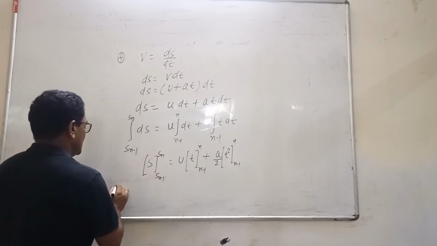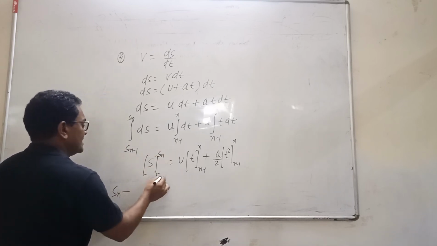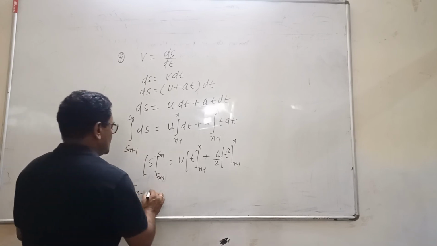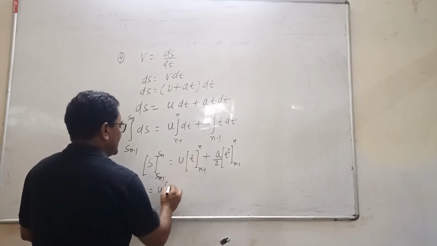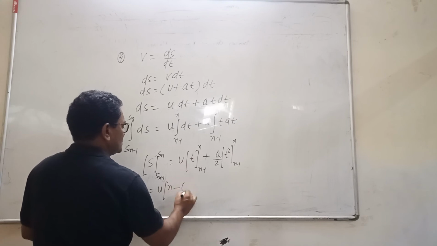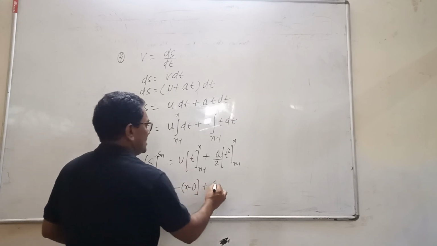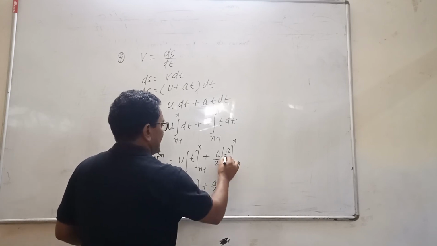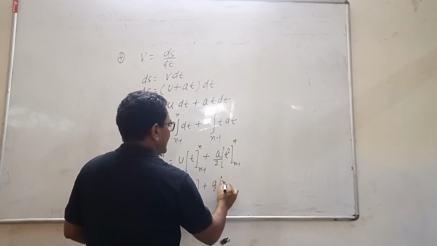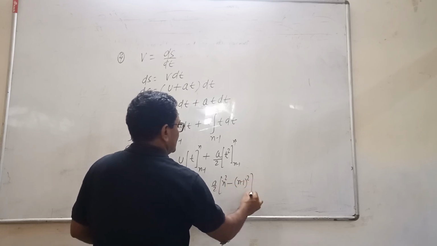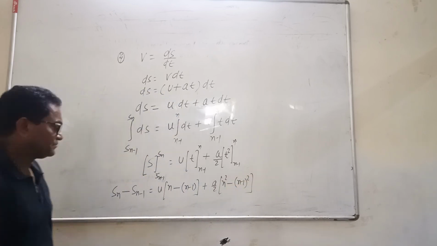Now put the limit: upper limit minus lower limit. Sn minus Sn minus 1 equals u, upper limit n minus lower limit n minus 1, plus a by 2 and t square, upper limit n square minus lower limit n minus 1, the whole square.